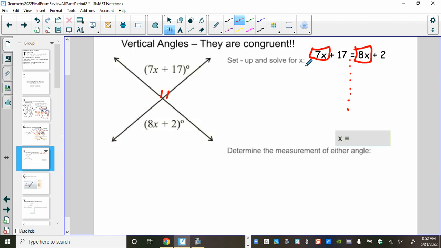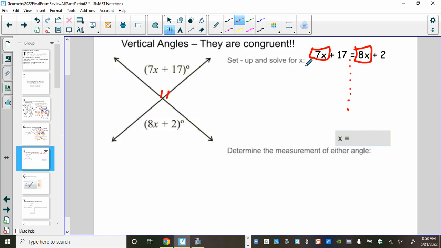And then you really have to divide. I mean, you can if you want. What are you going to divide both sides by? 1. So if you divide anything by 1, does anything really change? So then you have your X value. And then you're just going to substitute that number into there and there.